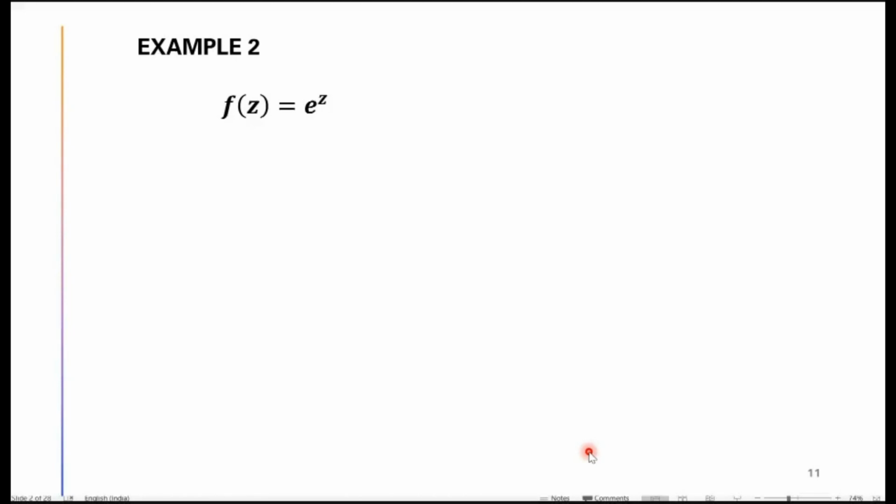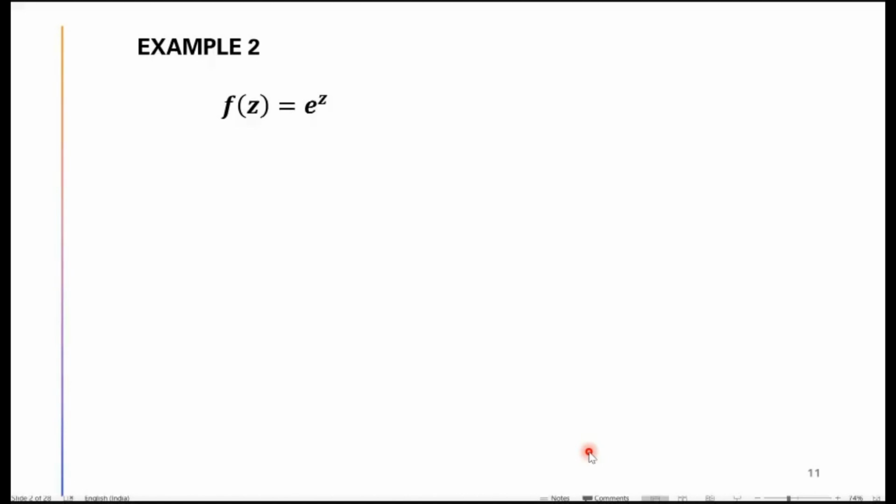Okay, so next problem, f of z is equal to e raised to z. तो फर्स्ट स्टेप क्या करना है? f of z को u plus iv और z को x plus iy. ठीक है?